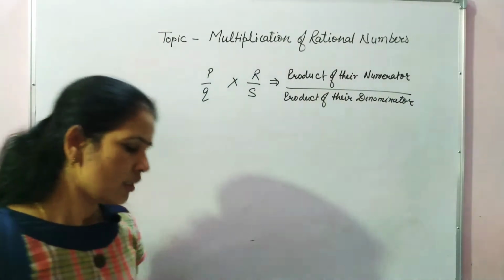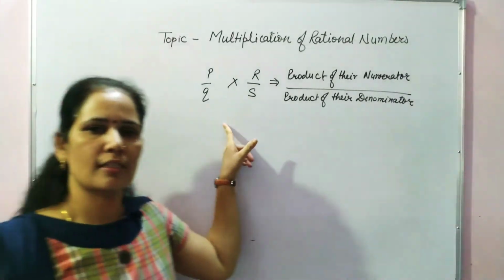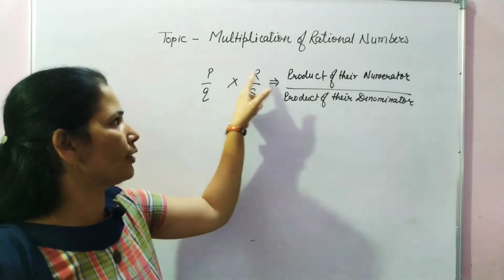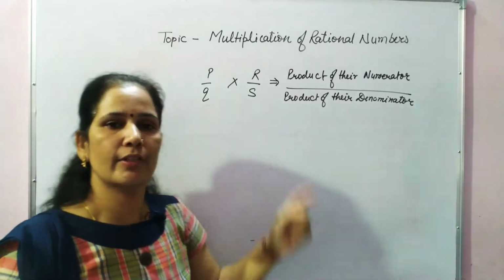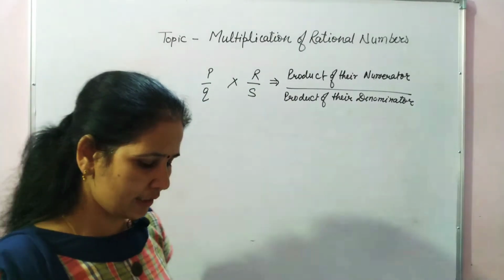Okay students, to find the product of two rational numbers, we multiply numerator with numerator and denominator with denominator. So let's start with one example.